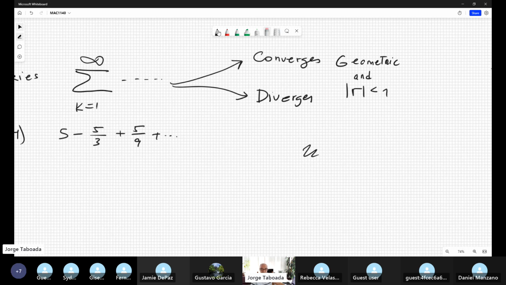Otherwise, no. But the most popular case is that there are a lot of geometric sequences that diverge, because the common ratio is not less than 1.